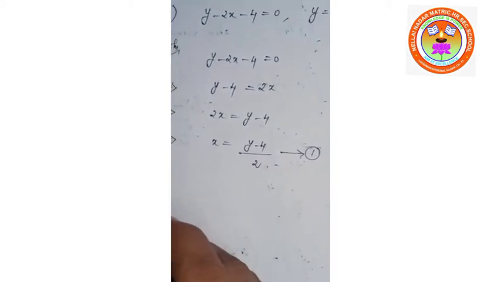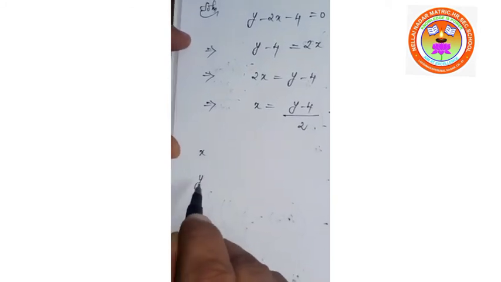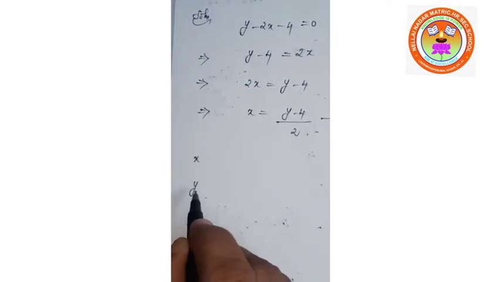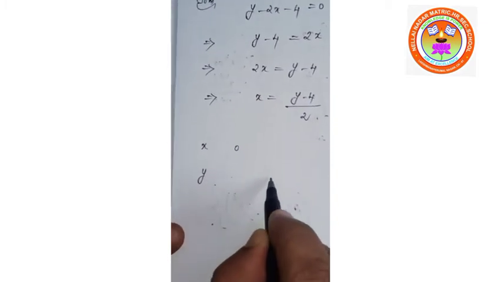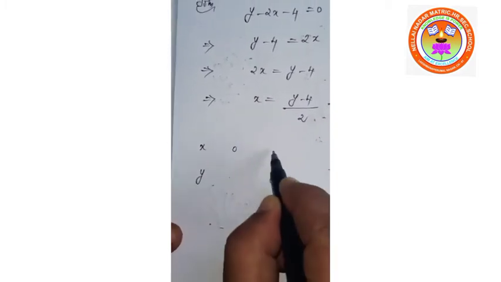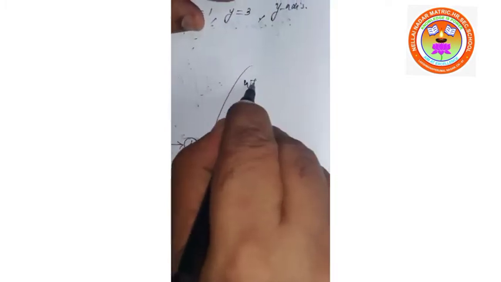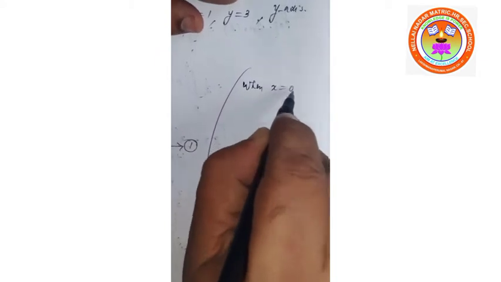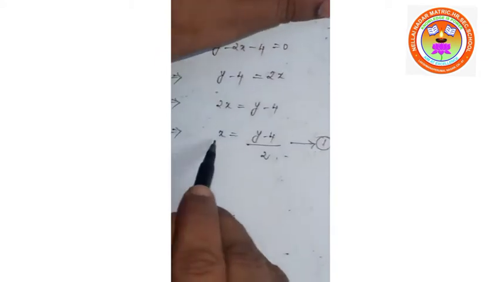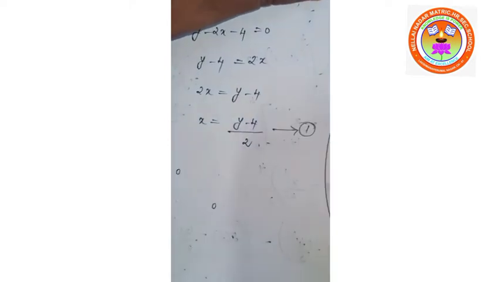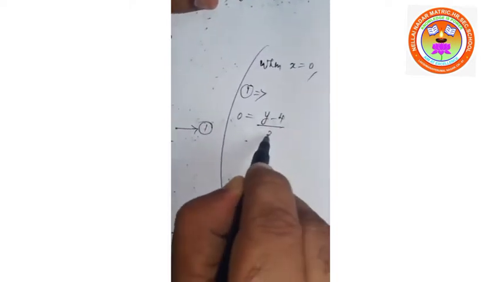Now we have to construct a straight line. So as usual, what we did in the previous problem, x and y. X equal to 0, find the value of y. When y equal to 0, find the value of x. I do it here. When x equal to 0, equation number 1 implies, in equation number 1 x is here, replace x by 0, that is equal to y minus 4 by 2.